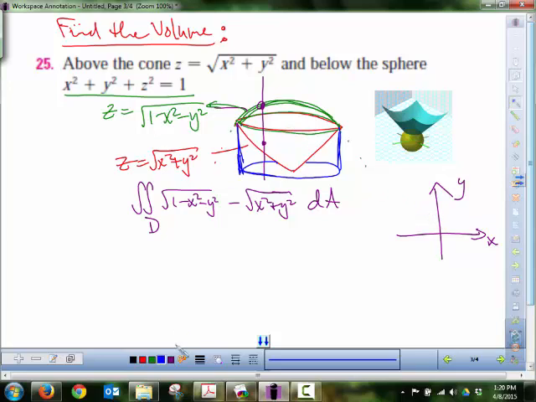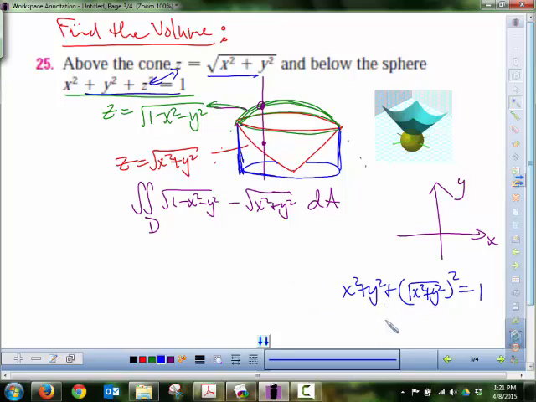So let's try to find that intersection. Usually we set some things equal to each other. Maybe we can set z equal to z and then figure out what this is. I have x squared plus y squared plus z squared is equal to 1, and in place of z, I'm going to put in the cone function. You'll have a couple of x squared plus y squareds that you can combine.